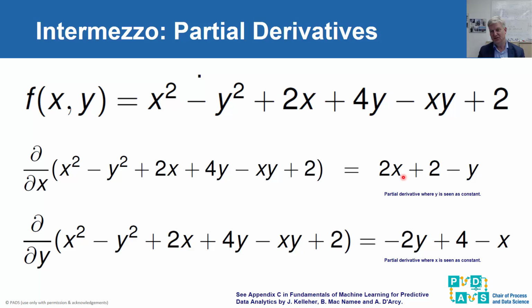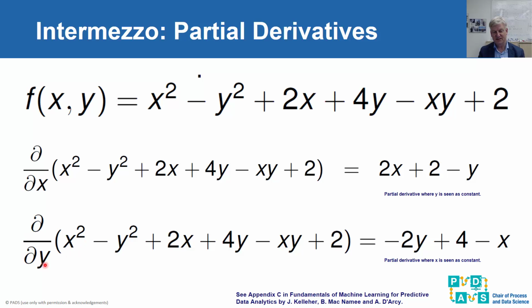You can understand this because it basically corresponds to assuming for the moment that y is constant. So this part is dropping, this part becomes 2x, the 2x becomes 2, the 4y will simply disappear because it's a constant, the plus 2 will disappear because it's a constant, and for minus xy, y is a constant, so that is remaining.